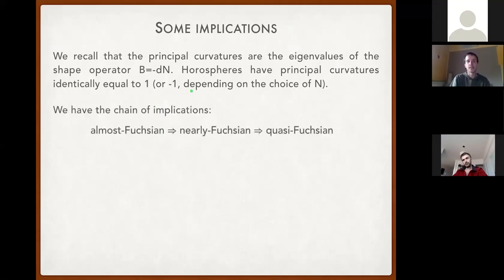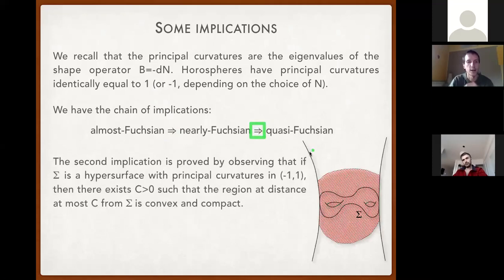There are some implications, as I was saying, between these manifolds. Almost Fuchsian implies nearly-Fuchsian, which is kind of trivial. And the other one, as I said, is not known. I will discuss more about that. But for these other implications, this is well known, so I can give you a sketch of the argument.